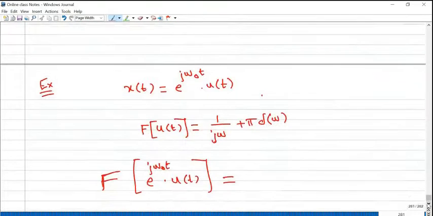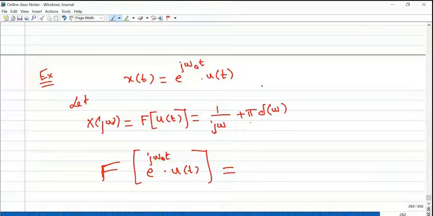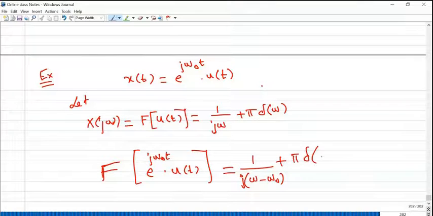So in this example, x of j omega, the Fourier transform of u of t, is 1 by j omega plus pi del of omega. Replacing omega by omega minus omega naught gives the result.